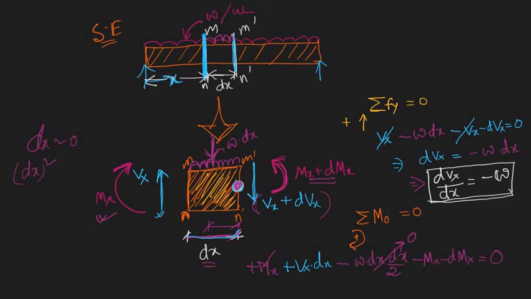Cancel Mx, and from this equation we are getting Vx dx equals dMx, or we can rewrite it as dMx by dx equals Vx.